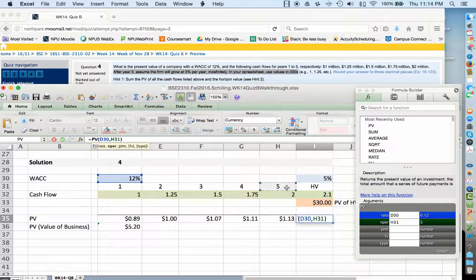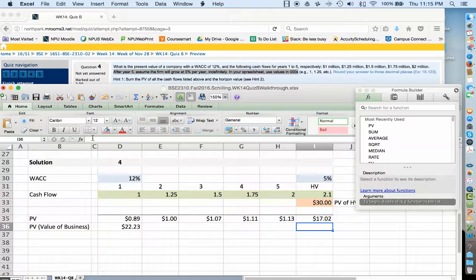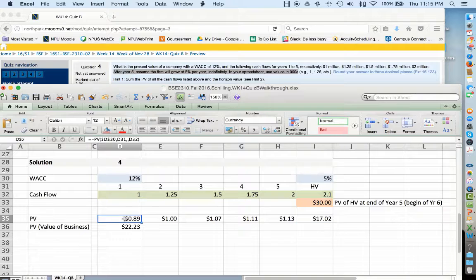The future value then for the horizon value is the 30. And then I have to remember to put my negative sign in front of the present value again. Therefore, when I add those values together, the present value of the entire business should end up being 22.23.